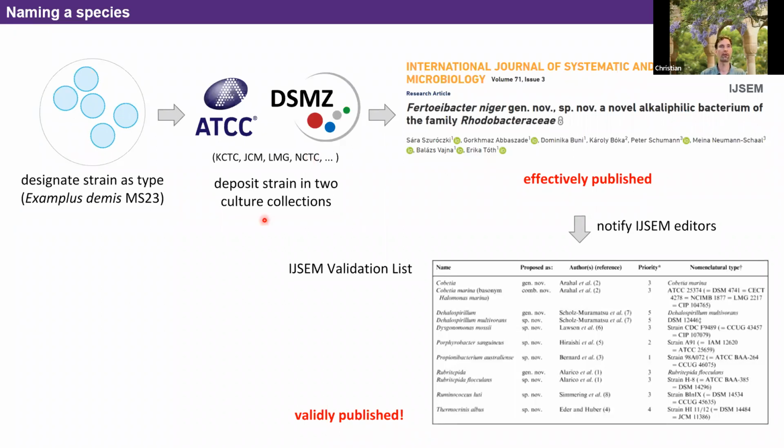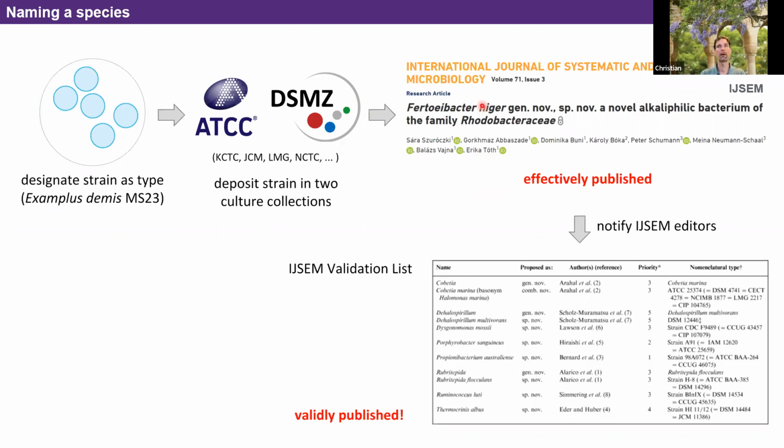that's really more a safety measure. Let's say something happens in one culture collection, right? You also have another one to come back to. Okay, so let's assume we deposited our strain into those two culture collections. Then we publish the new name, and obviously all information we have about the strain. In theory, we can publish that anywhere, right?